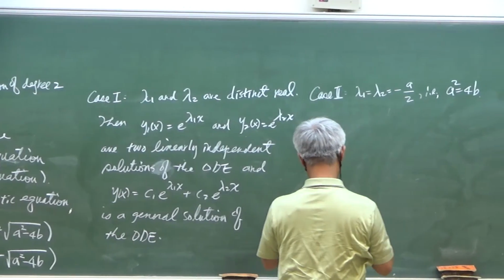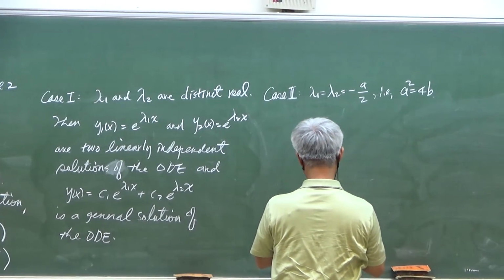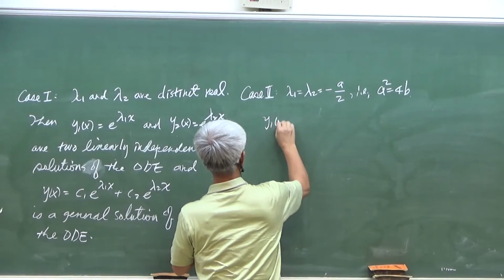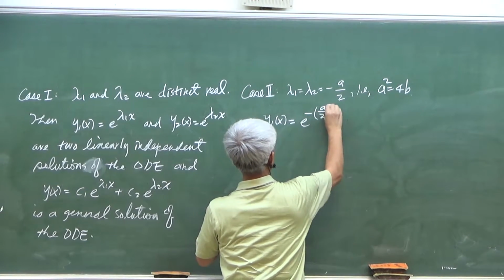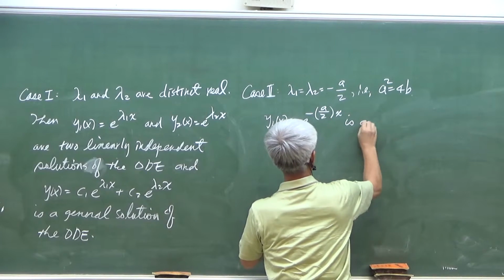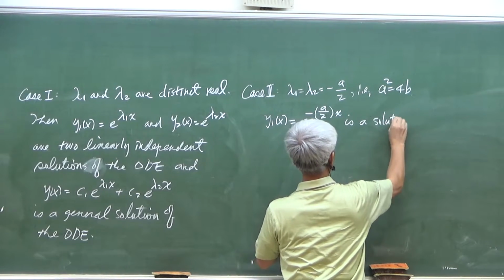Now we have y1 of x as a solution, so we find only one solution.